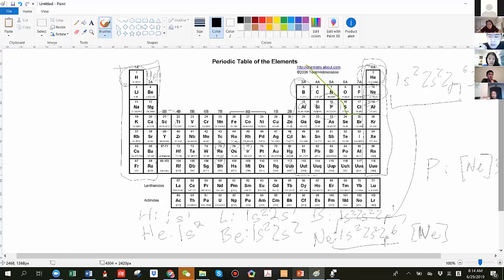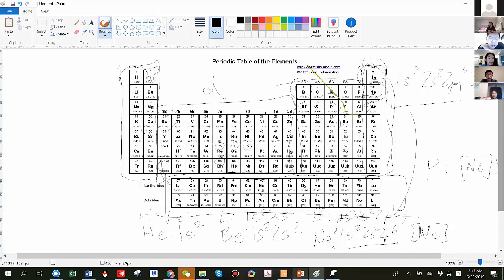This block corresponds to the p orbitals. Here we have the d orbitals. And then here we have the f orbitals. So for this reason, often this would be called the s block, the p block, the d block, and the f block, right? Okay.